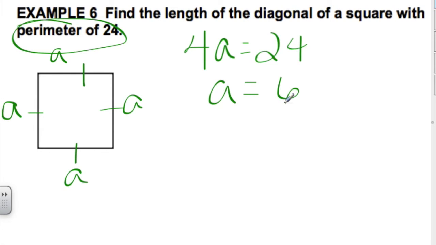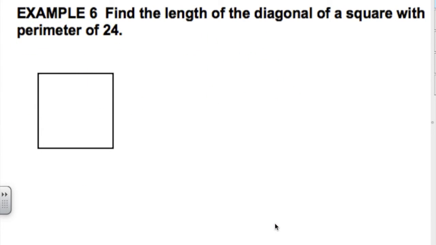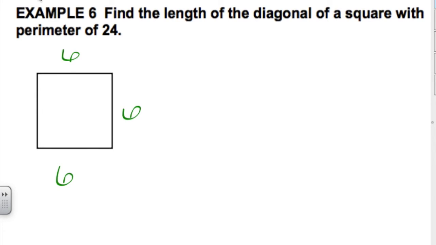So now that I know that my side lengths are all 6, I can now find the length of that diagonal. Now there are two diagonals, the one falling like this or the one going across like this.